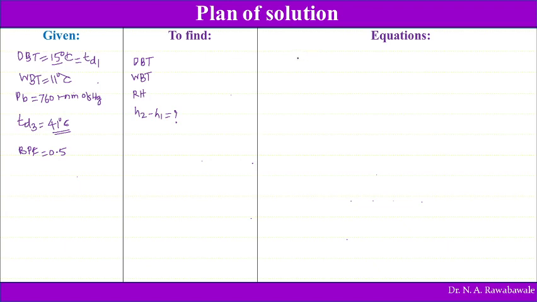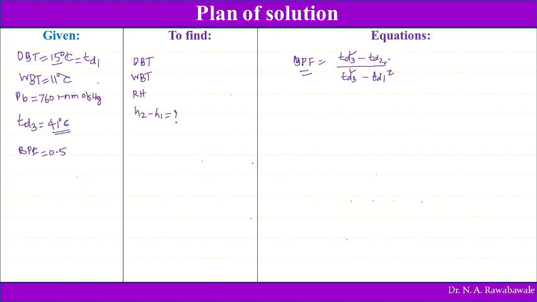So how to find out the dry bulb temperature of air leaving? The bypass factor we know. The formula for bypass factor is given by TD3 minus TD2 divided by TD3 minus TD1. In this case TD3 and TD1 are known, TD2 is not known, whereas the bypass factor is also known.